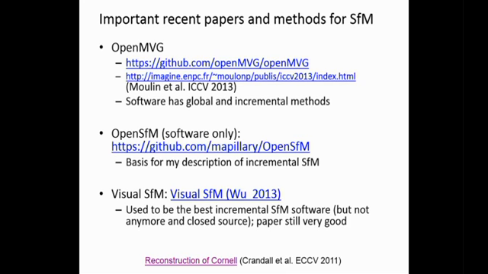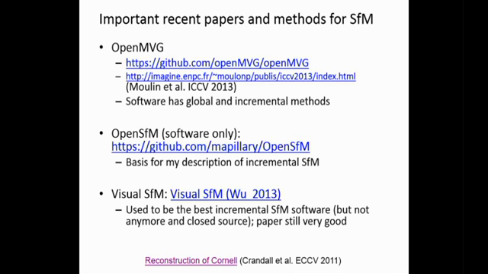But the 2 that I've worked with the most that I think are good are OpenMVG, which includes structure from motion and dense multi-view stereo and surface reconstruction, and OpenSfM, which also includes all those things. OpenMVG is in C++. OpenSfM is in a mix of Python and C++.